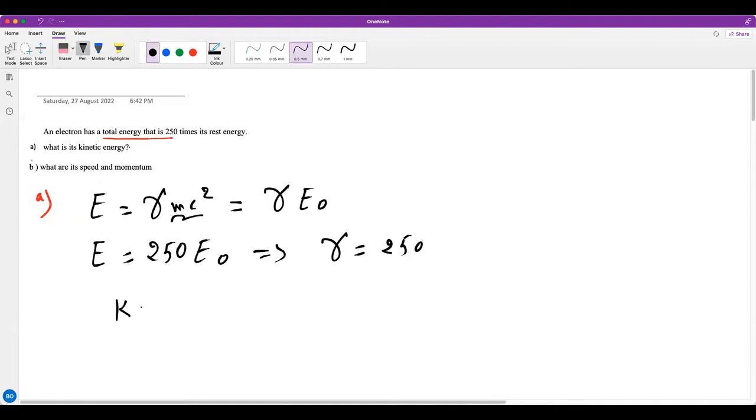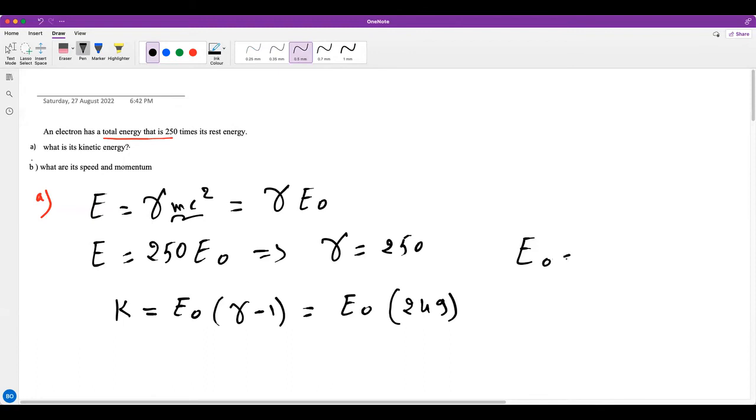We know that the kinetic energy is equal to the rest energy times (gamma minus 1), which in this case means the rest energy times 249. Now, what is the rest energy of the electron?